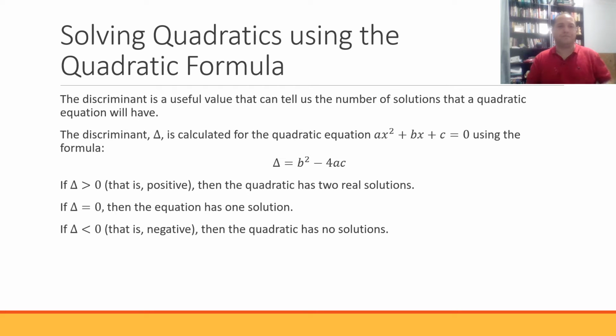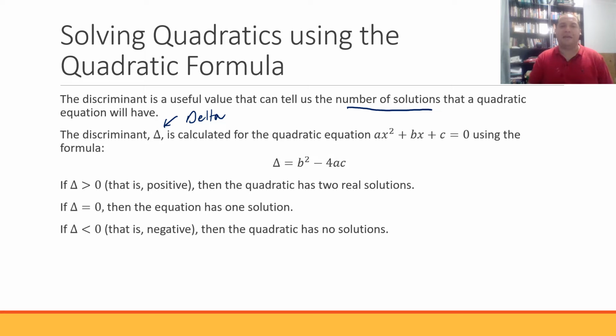When solving quadratics using the quadratic formula, it's often useful to talk about the discriminant first. The discriminant is a useful value that tells us the number of solutions that a quadratic equation is going to have. The symbol we use for the discriminant is this one here, we call it a delta.